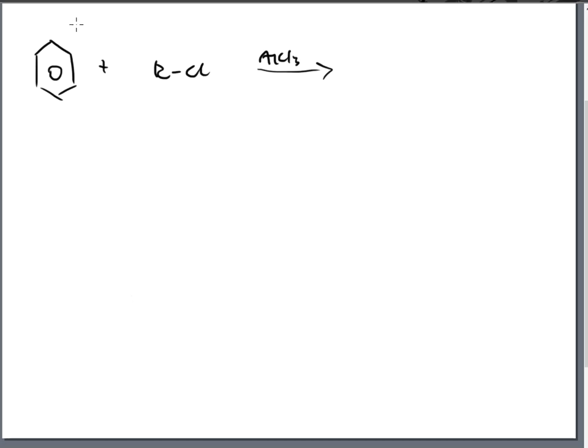So in this reaction template, I'm going to take my benzene, which is right there. That benzene has a hydrogen on it, just like all the other benzenes. And then we add on, what do we add on? Well, remember chlorine? Chlorine's still ugly. No makeup is ever going to make chlorine pretty. Sorry. So that chlorine is a very good leaving group. That's going to be pulled away from the aluminum chloride, just like it did before.